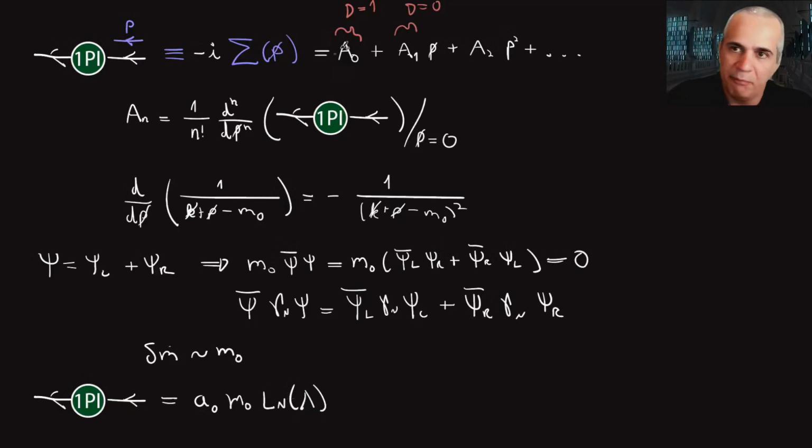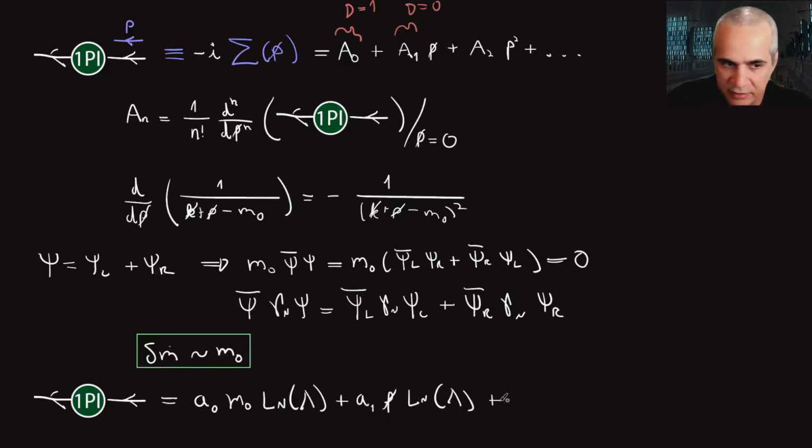But by dimensional analysis, and this demand that comes from chiral symmetry, you can see that the divergence must be softer, let's call it like that, than linear in lambda. It must be at most a log of lambda. And of course, there is this part that will be just given by some a1 p slash log of lambda, because here there's no constraints, and the rest is finite. So there's also finite terms, right?